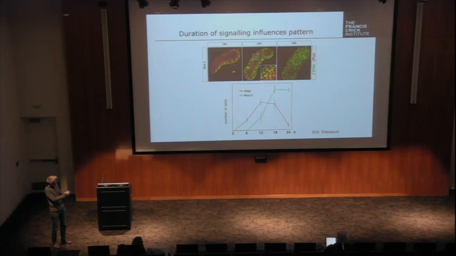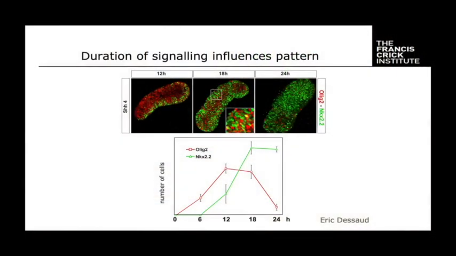If we expose explants to that high concentration, 4 nanomolar hedgehog I just showed you, at 24 hours, it induces a high response gene, NKX2.2. But if we look at 12 hours, then the majority of cells in those explants are expressing the low response gene, OLIG2, and you see a transition to NKX2.2 over time.